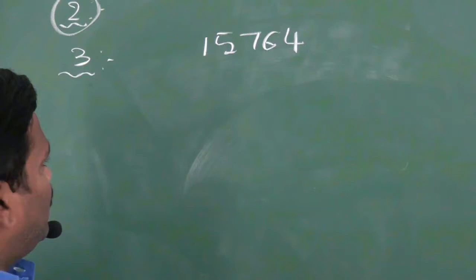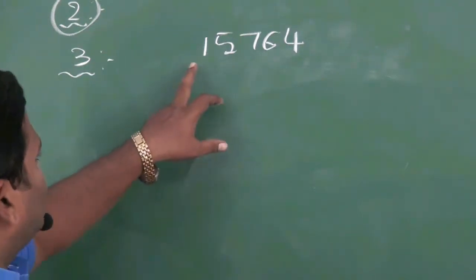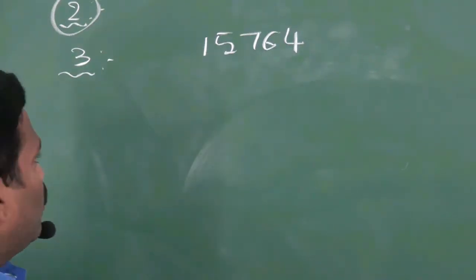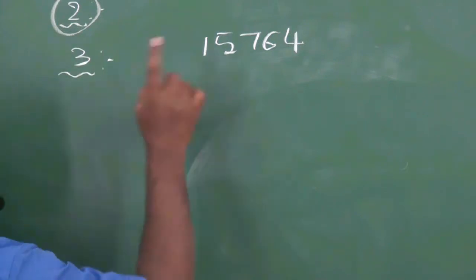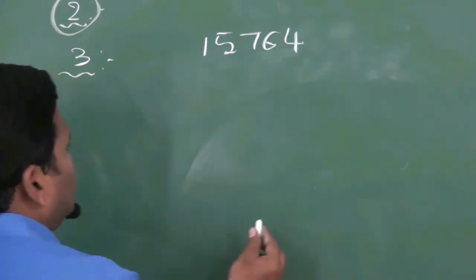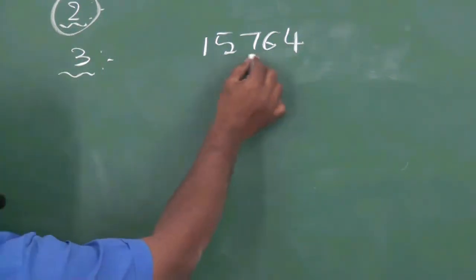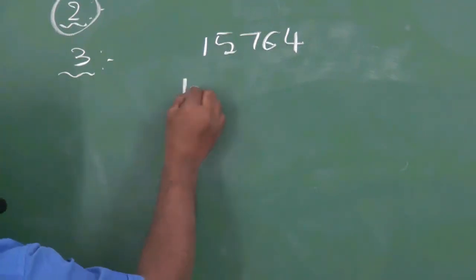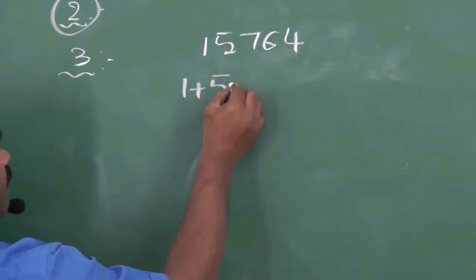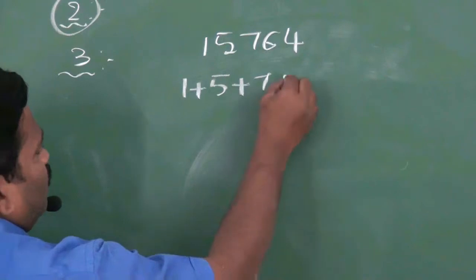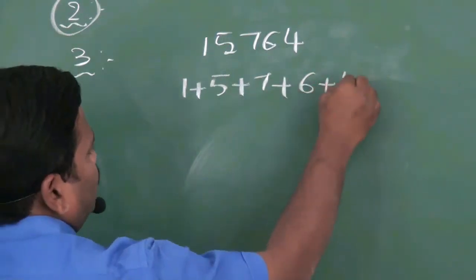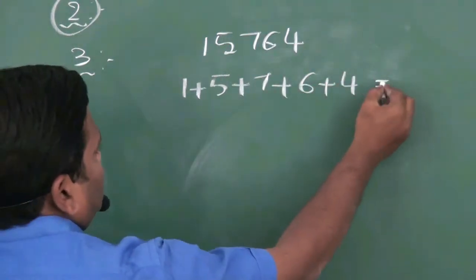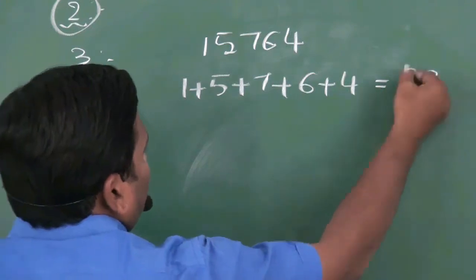Is this number divisible by 3 or not? How can you know this number is divisible by 3? We just add all the digits. 1, 5 plus 7 plus 6 plus 4. This is 23.